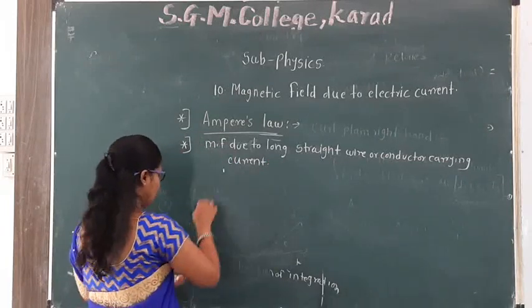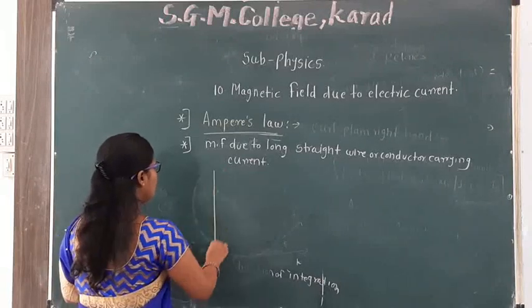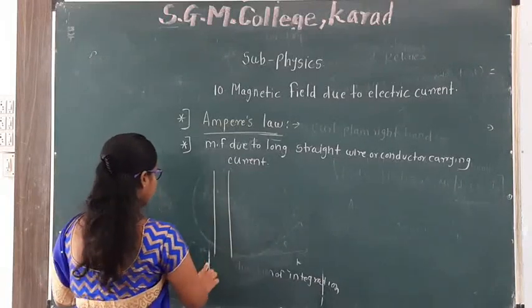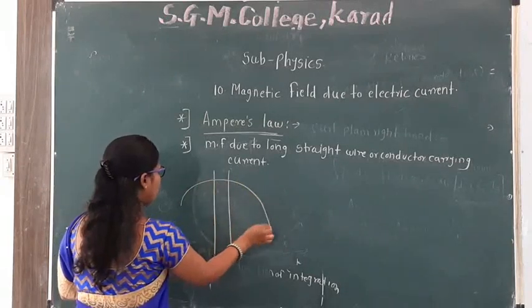Now here is a long straight conductor, and this one is the Amperian loop.